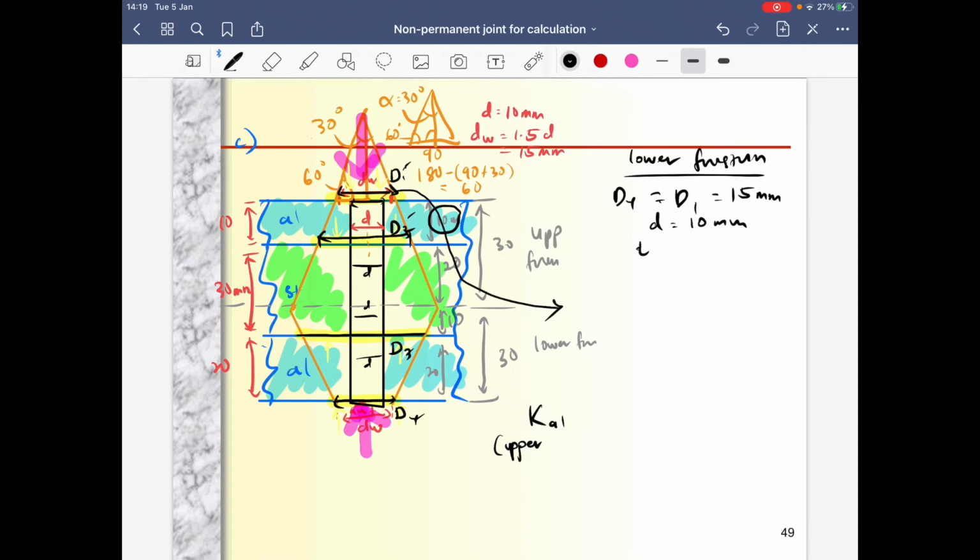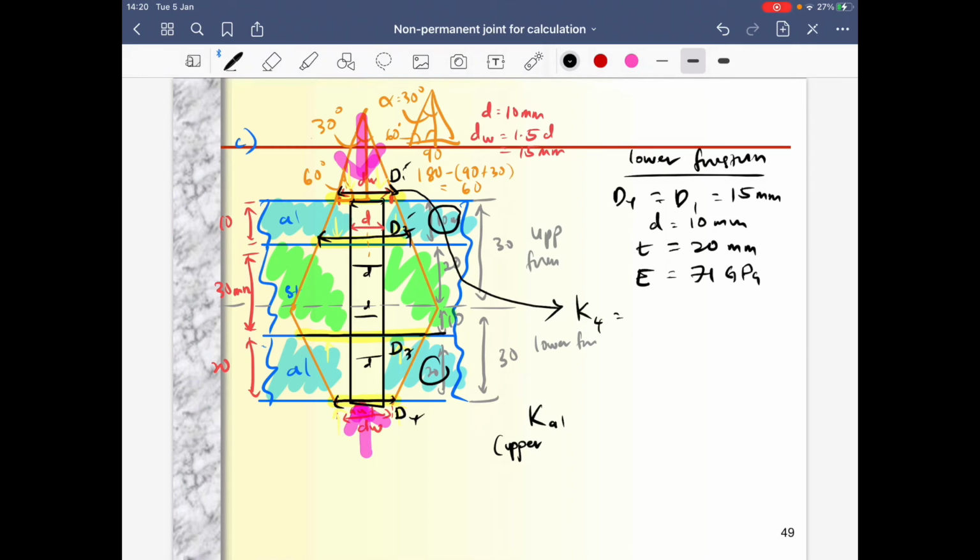The thickness for the aluminium at the lower frustum is 20 mm, and the Young modulus is similar, 71 GPa, and then you put everything in the equation.